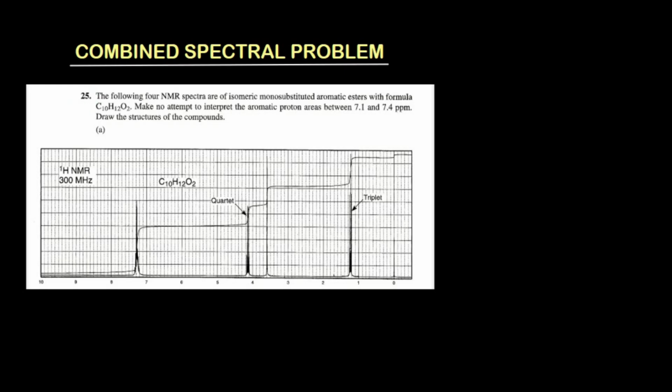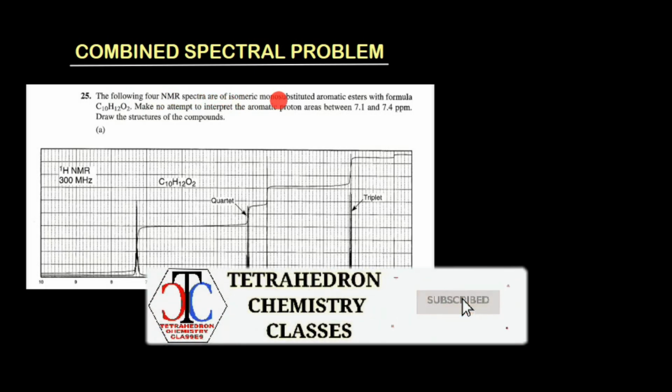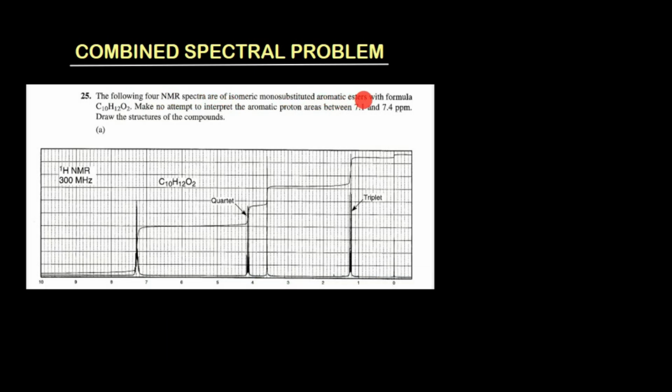Okay, so without wasting time, we will see how we can arrive at the correct structures for the given molecular formula with the help of the proton NMR data, which is given in the question itself, right? So what is the question? The following 4 NMR spectra are of isomeric mono-substituted aromatic esters.